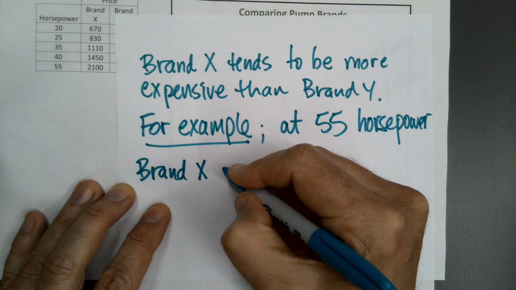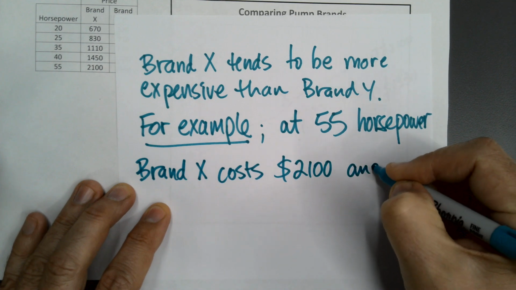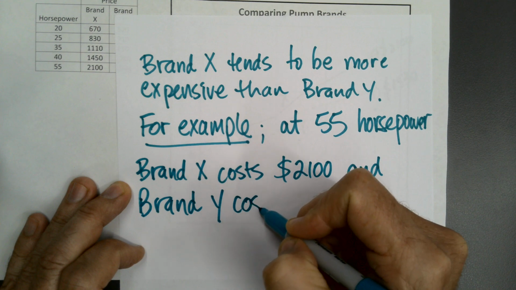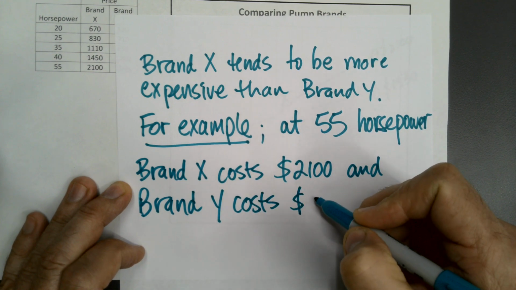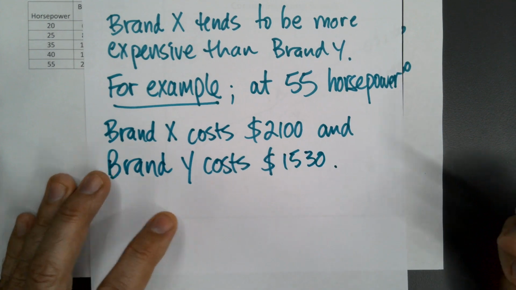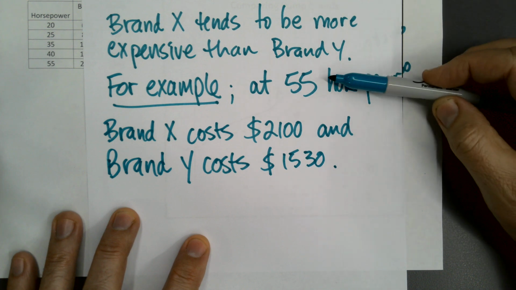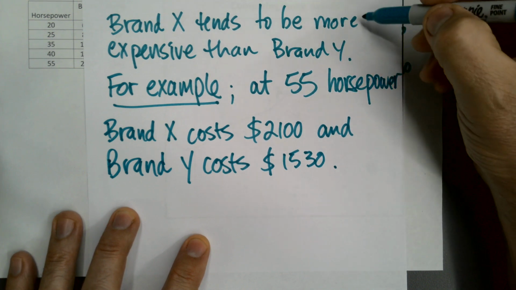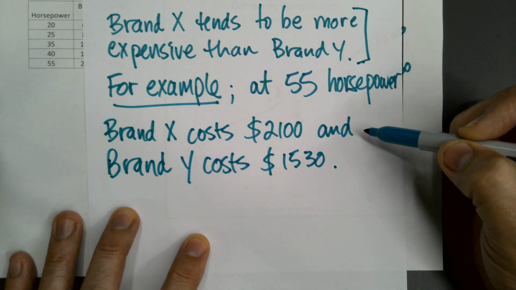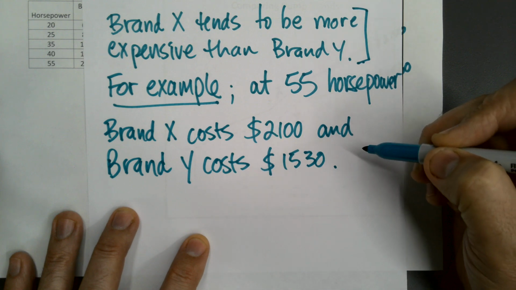Brand X costs $2,100, and brand Y costs, what was it? $1,530. Boom! You have just quoted data to back this up. So this is your general statement here. You've got to start with a general statement, but then you immediately back it up by quoting some data. Quoting some of the numbers that you've researched.